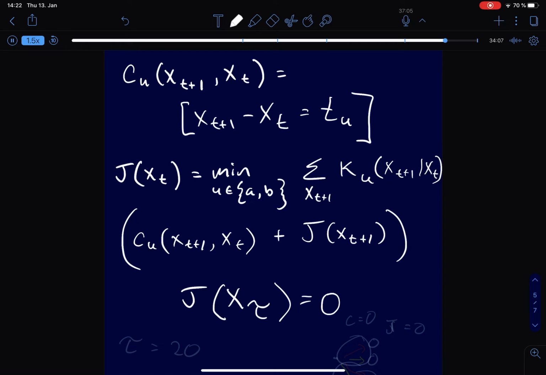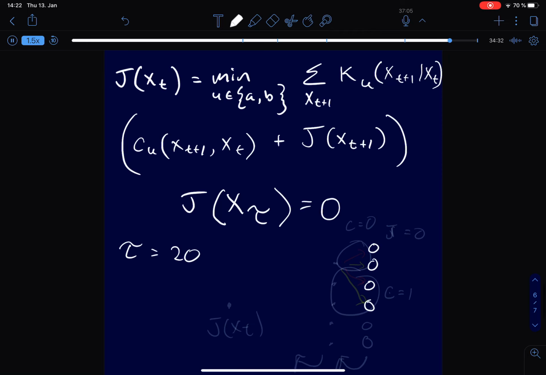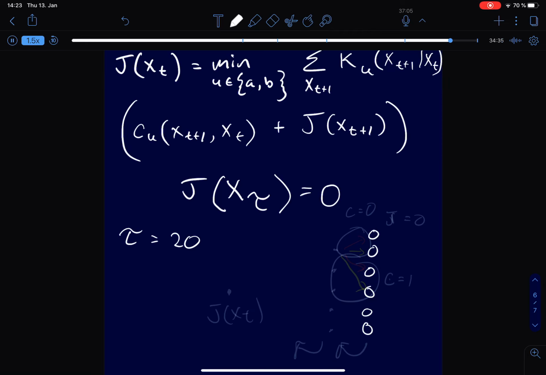So at the end, we've already counted everything and there's no extra terminal cost. Say the game lasts 20 rounds. There are lots of different outcomes. We could have seen a lot of different heads or tails, but at every one of these points, we know that our cost to go j is 0.